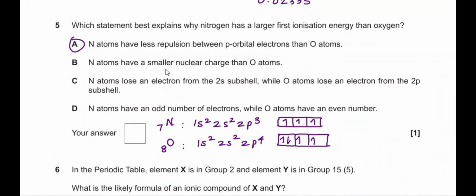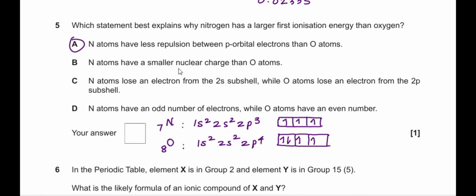Nitrogen atoms have a smaller nuclear charge than oxygen atoms. That is actually true. Oxygen has got a higher nuclear charge than nitrogen, but that's not the argument here. If nitrogen has a smaller nuclear charge than oxygen atoms, then the argument should be that the first ionization energy for nitrogen should be less, but that's not the argument here.